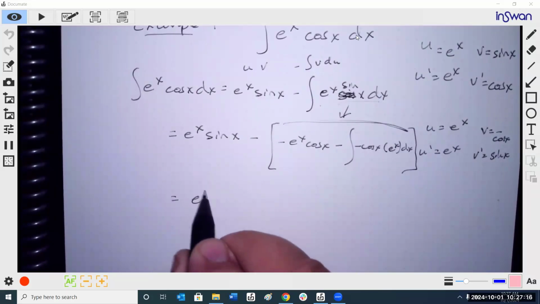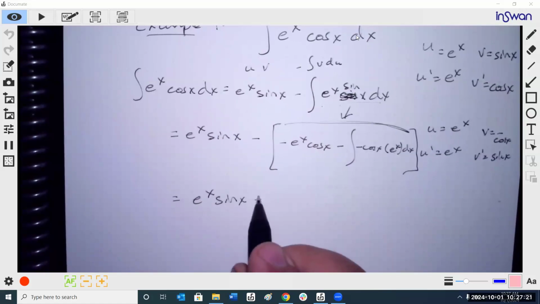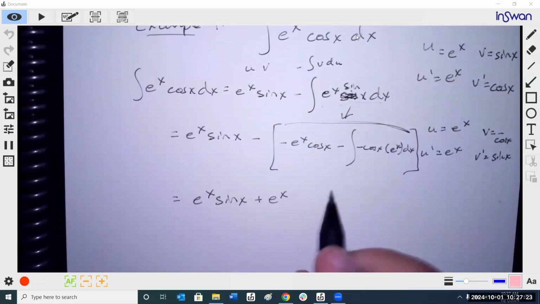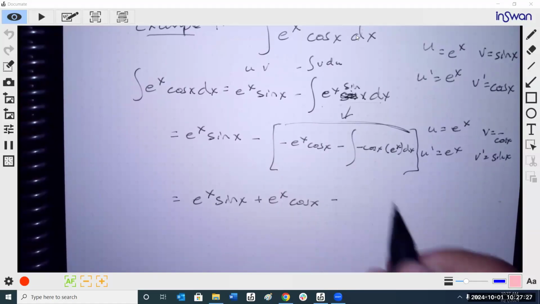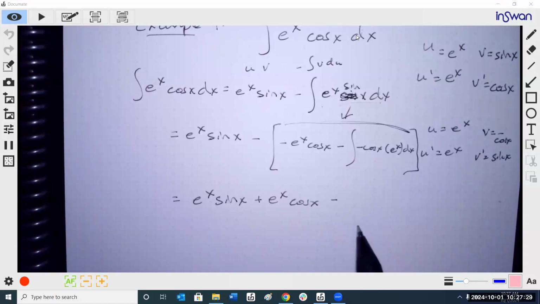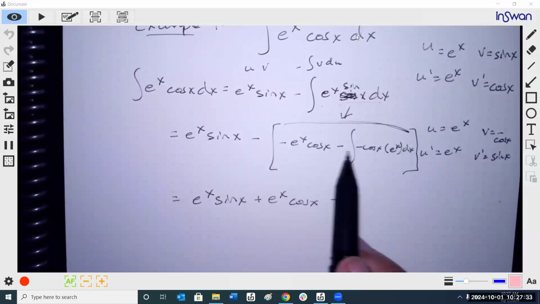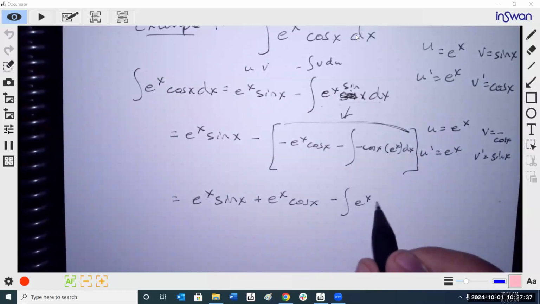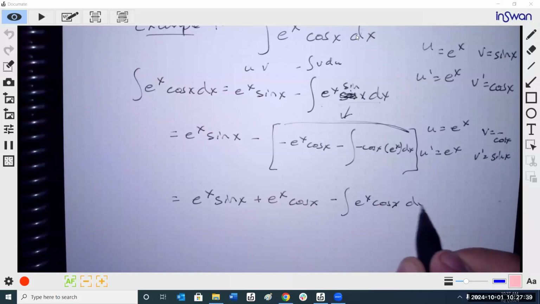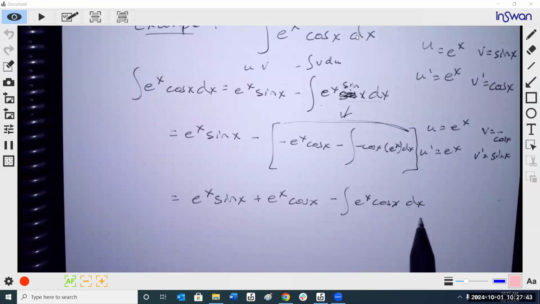So we have e to the x sine x plus e to the x cosine x minus, so that becomes plus and that becomes minus, so it's minus the integral of e to the x cosine x dx. Does this one look familiar?